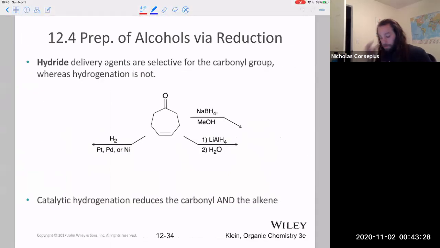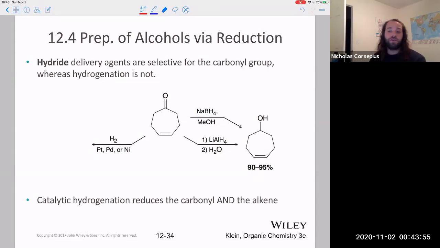Okay. So then there are some slight differences in these two methods that we've seen, at least in terms of ketones and aldehydes. Lithium aluminum hydride and sodium borohydride are the same. They will reduce that carbonyl group to an alcohol. They will not, however, be able to reduce an alkene. They can't reduce double bonds, right?